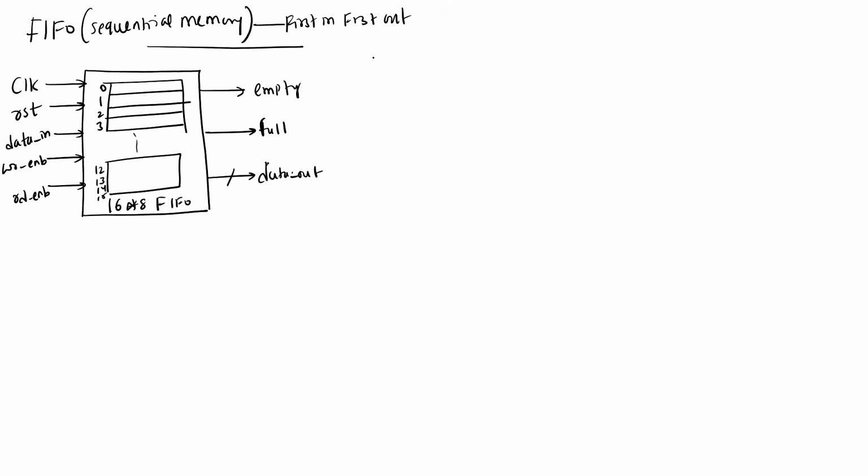So can you say the difference between RAM and FIFO? Sir, in RAM, any location can be accessed, but in FIFO, as per the name, the first bit stored can be extracted first. Okay, you are correct. But coming to the block diagram, what is the difference?